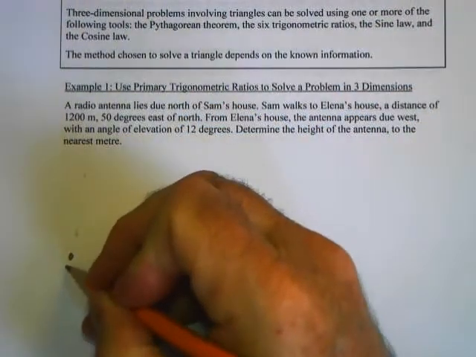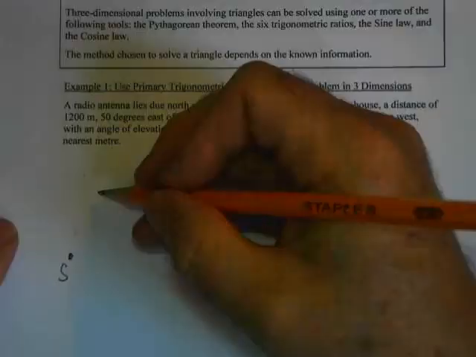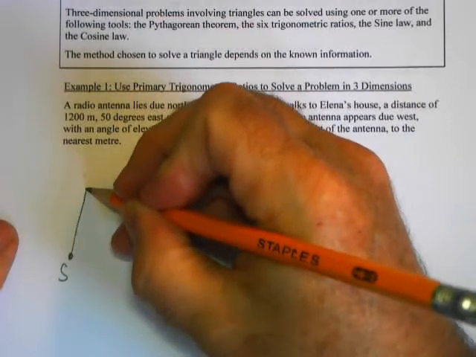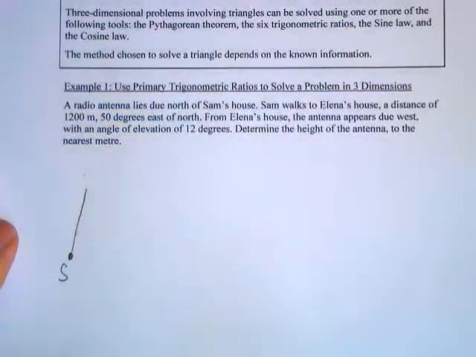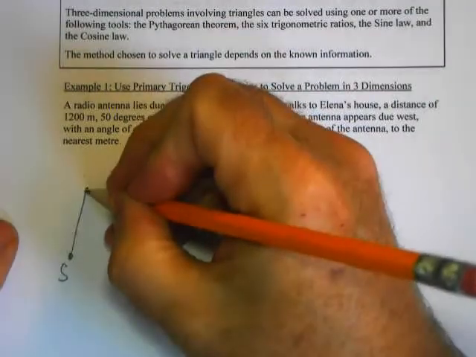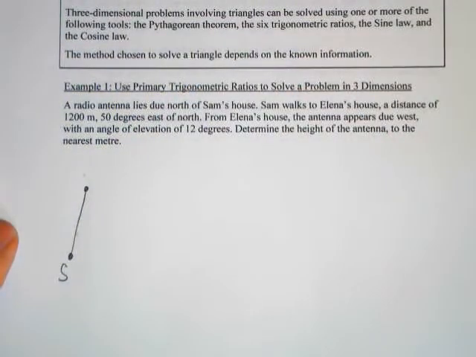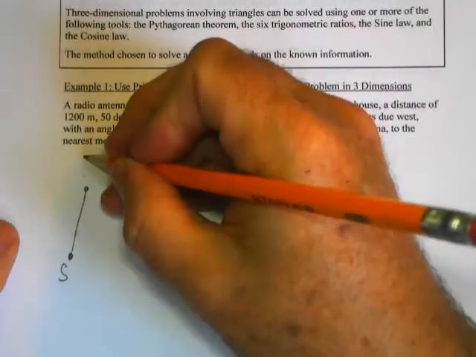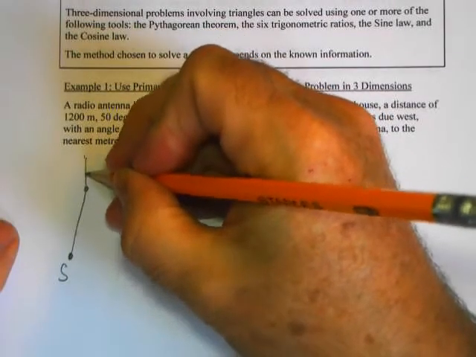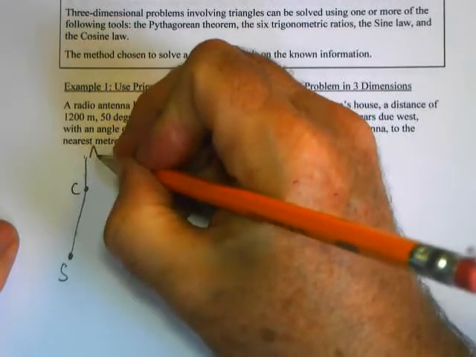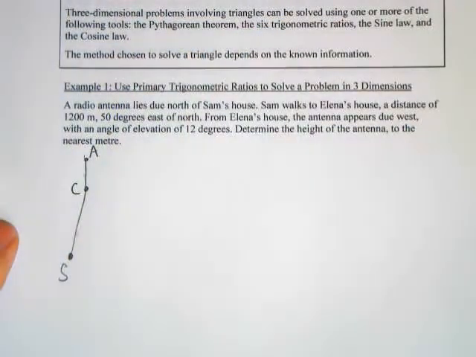So Sam's house, of course, I'm going to label that S, and that is due north, even though it looks a little angled. I'm doing this kind of angle for the 3-dimensional purpose. And this is where the base of the antenna is. And then the antenna will be going straight up from there. So I'm going to label this C for no apparent reason, but I'm going to call that A. So that's the top of the antenna.